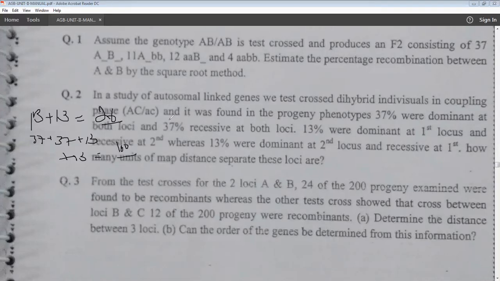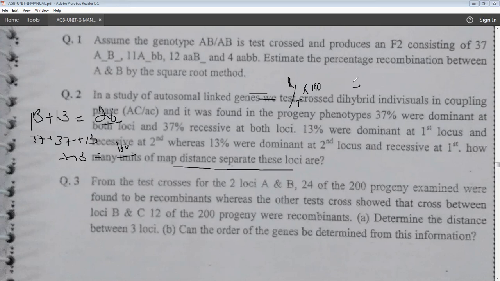So how many map units apart are these loci? The formula is recombinants divided by total, multiplied by 100. That will give us the recombination frequency.